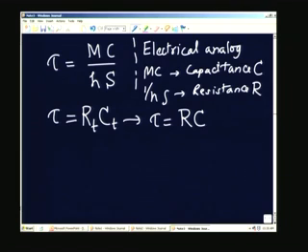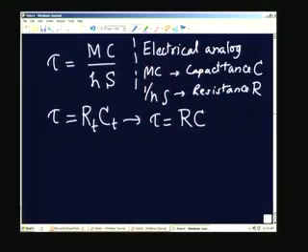Number 2, the time constant is dependent directly on the mass specific heat product. So, the larger the mass or the larger the specific heat, the larger the time constant, and the larger the resistance, that means the smaller the value of the heat transfer coefficient surface area product Hs, the larger the time constant.